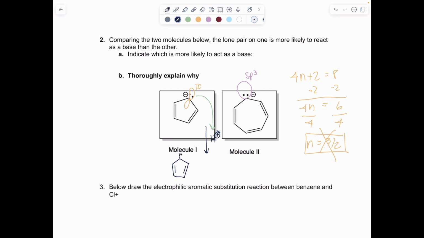If molecule 2 were to do that same reaction, we would be left with a 7-membered ring. Sorry, that doesn't look very pretty, but 7-membered ring, and again with the hydrogen, where the lone pair used to be.